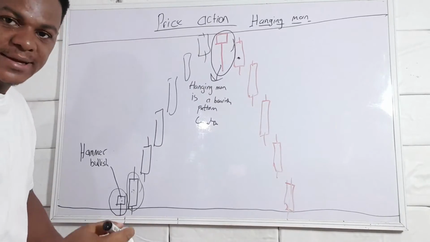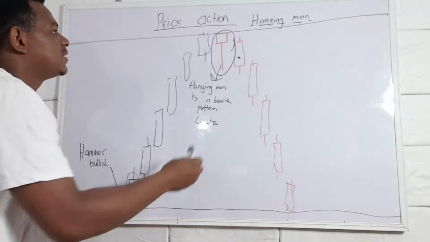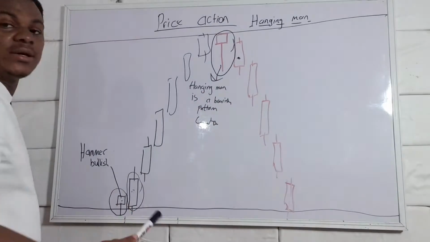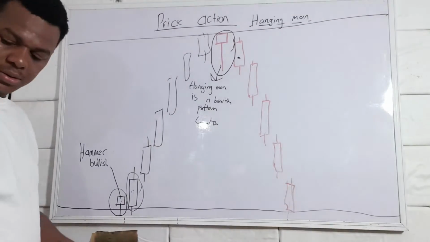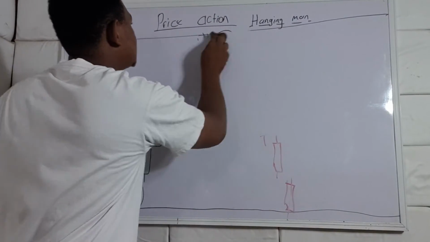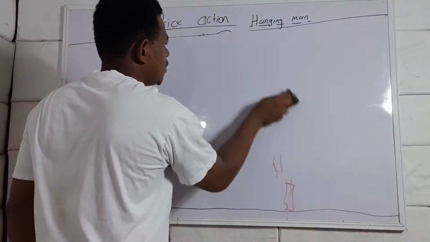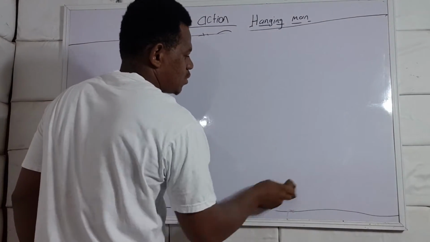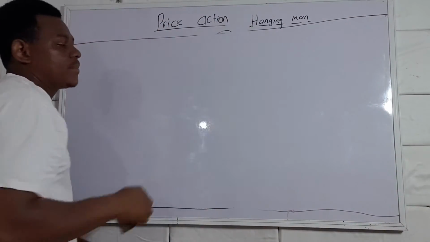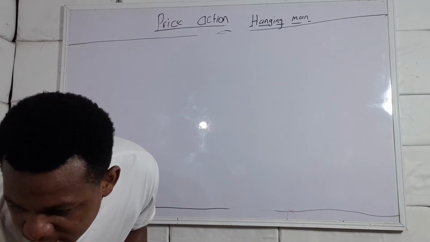Hope you understand that. It's very easy to spot the hanging man and the hammer. So that's it. Let's move over to the next one.